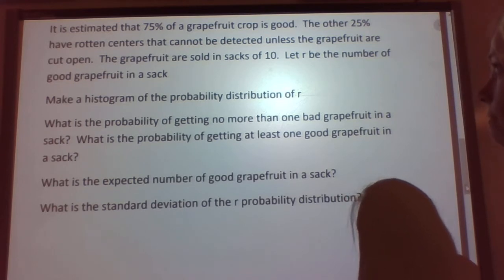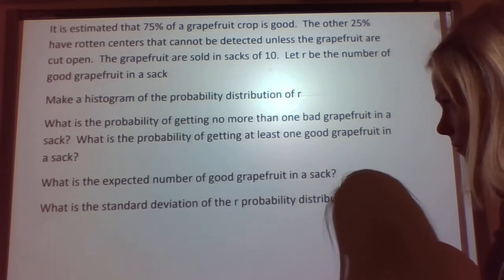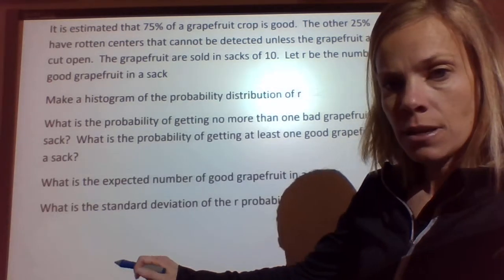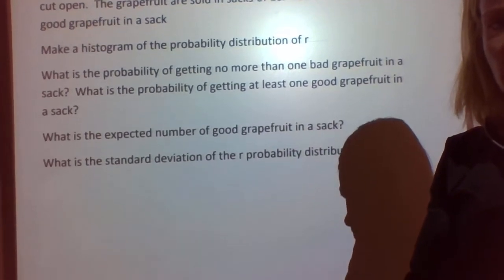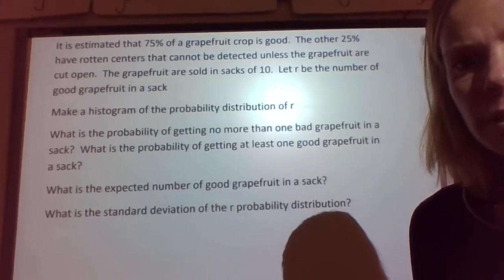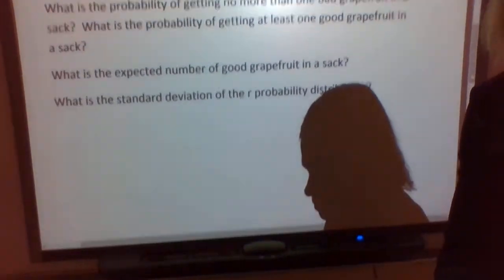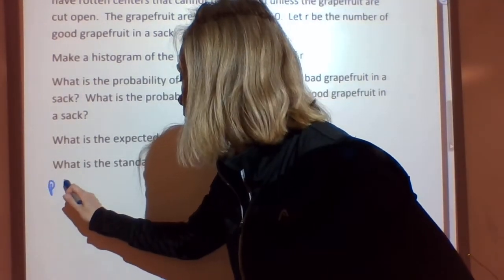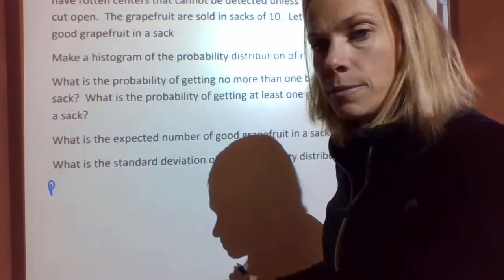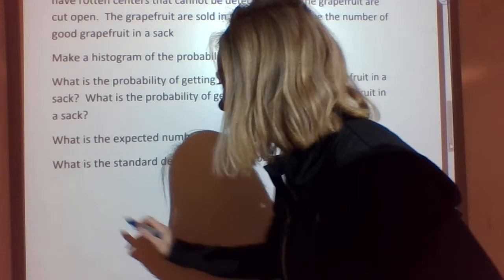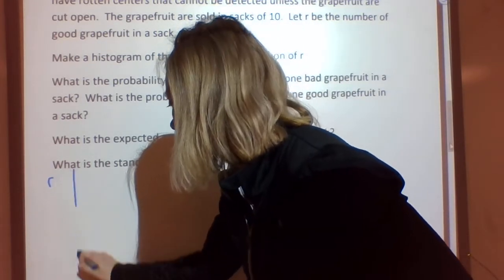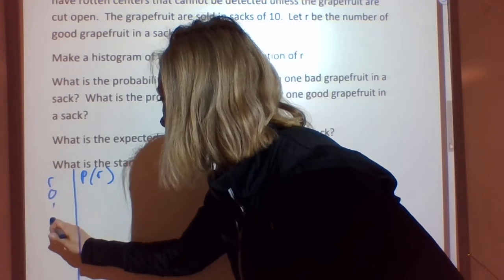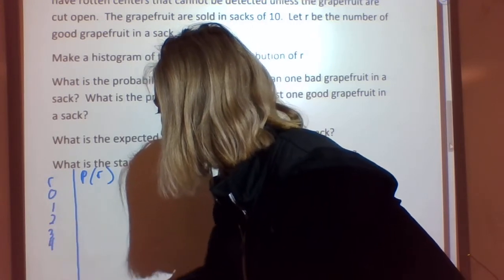So what I'm going to have is a probability down here. Let me zoom out a little bit so we can see it better. There we go. So here I'm going to make my R and P of R. Right, so 0, 1, 2, 3, 4.